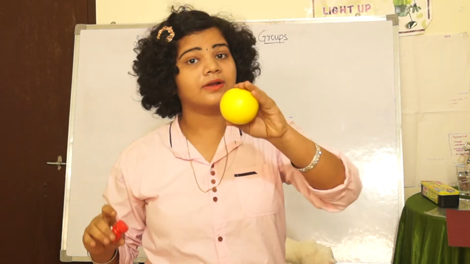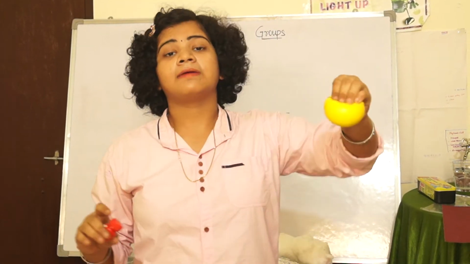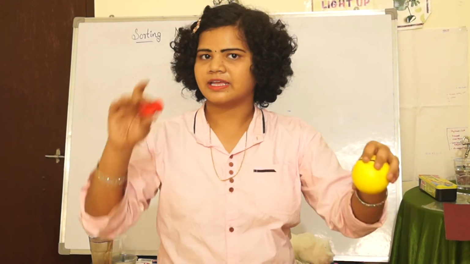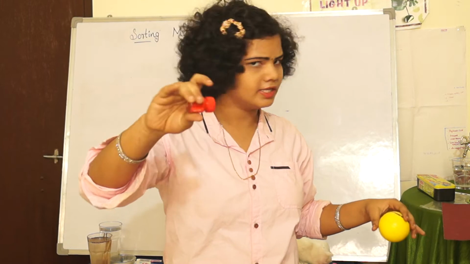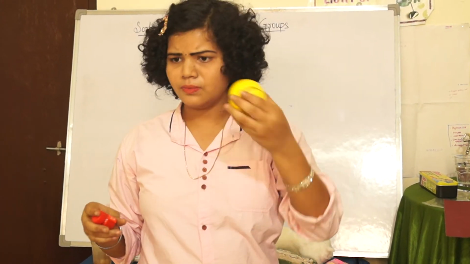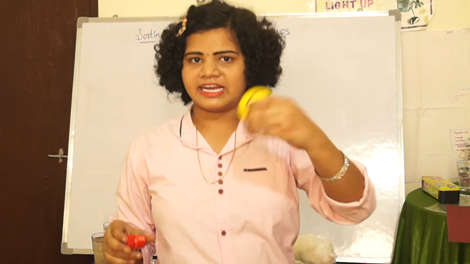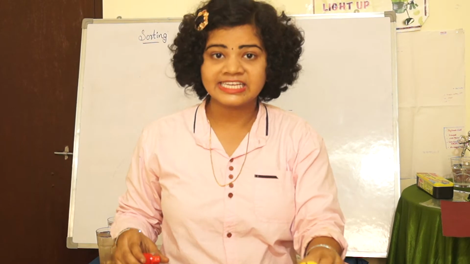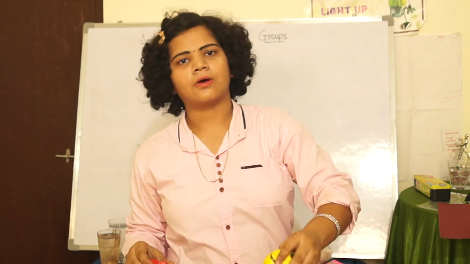But when I'm trying to scratch this smiley ball, it's getting compressed. But when I'm trying to scratch this one, it's not. So the substances which can be compressed very easily are called soft materials or soft substances.